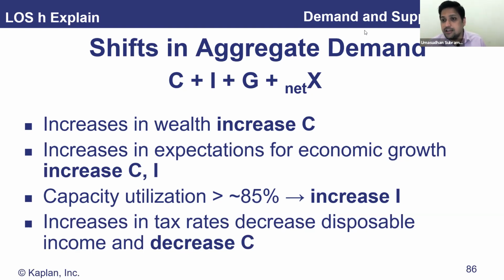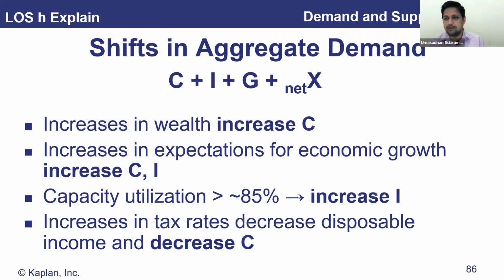You want to now expand your capacity. So if your capacity utilization is about 85%, companies want to spend more on investments to expand their capacity. And that is why we say if your capacity utilization is more than 85%, it would increase investments. Okay, increase in the taxes.